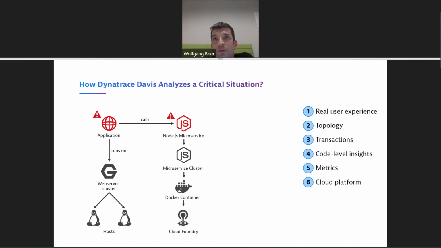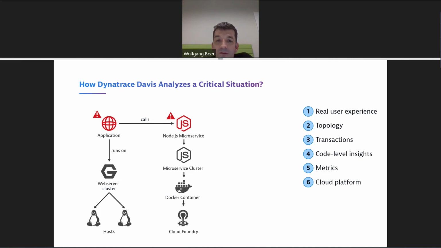It's rather more the code level information that Dynatrace provides that gives us detailed information about the resource consumption of each individual call that is coming in, hitting that microservice. So Dynatrace Davis knows what CPU consumption and memory consumption each individual call has that hits that microservice.